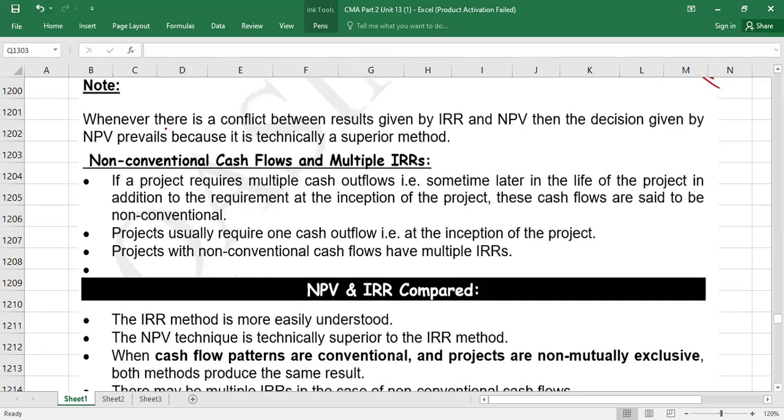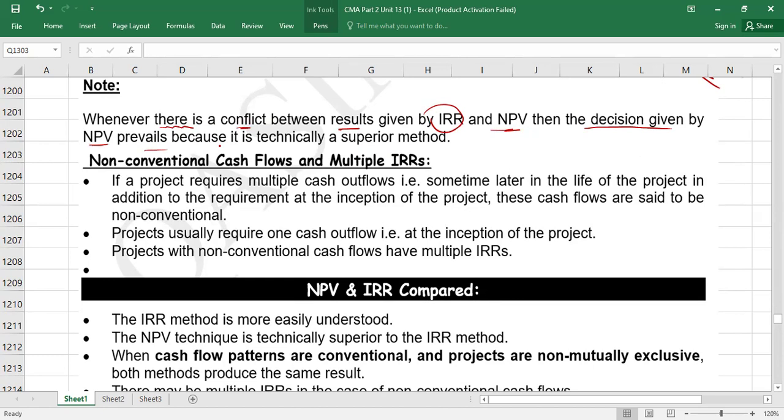Whenever there is a conflict between results given by IRR and NPV, then the decision given by net present value prevails, as I told you previously. Just to give you an example, IRR says project B is better, NPV says project A is better. So which method will always be preferred?